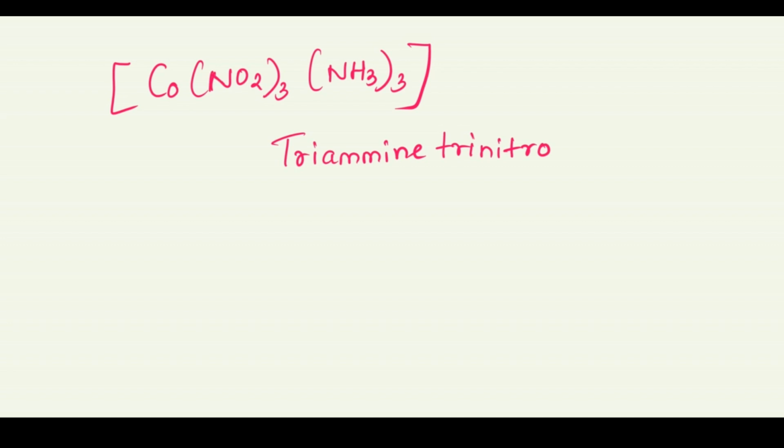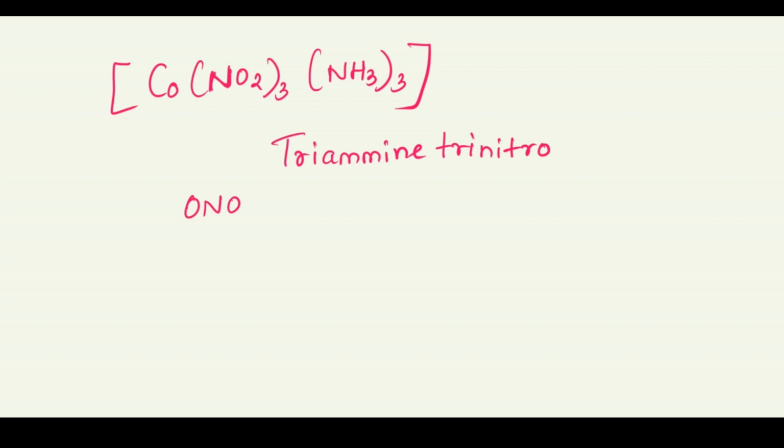Nitro, you can see, is an ambidentate ligand. Either oxygen can donate or nitrogen can donate. See here it is written NO2, which means nitrogen is donating. What if oxygen is donating? Then they would write it as ONO.